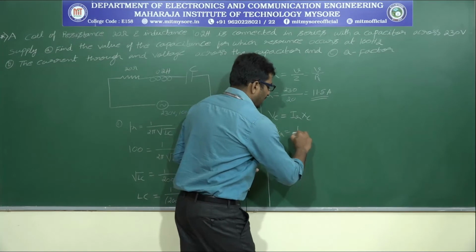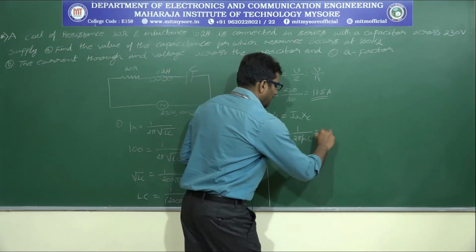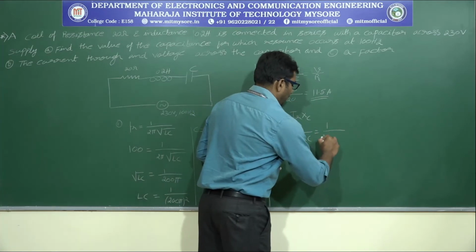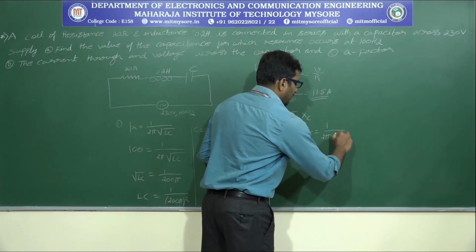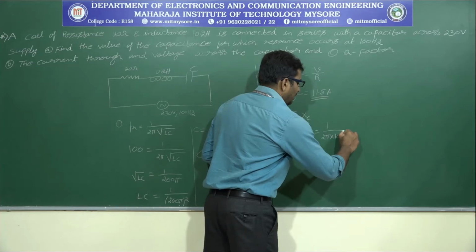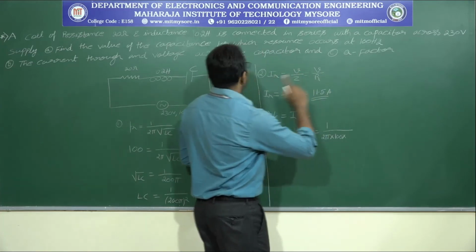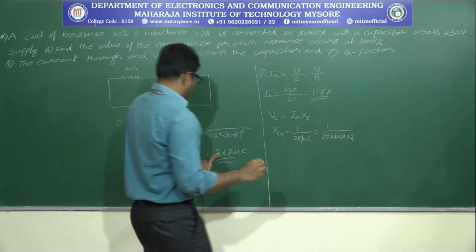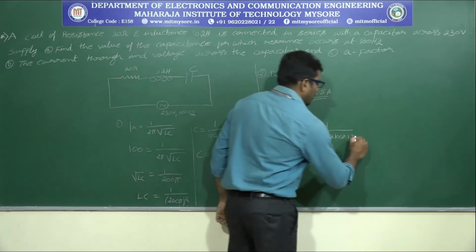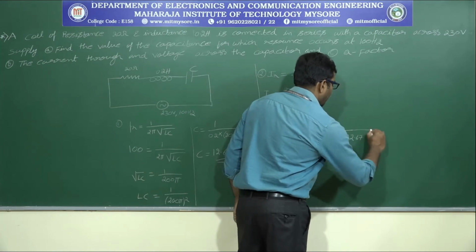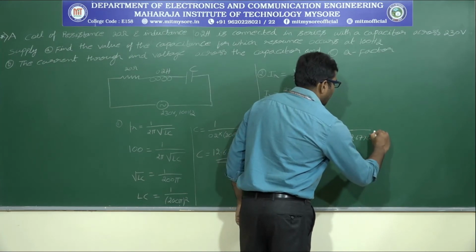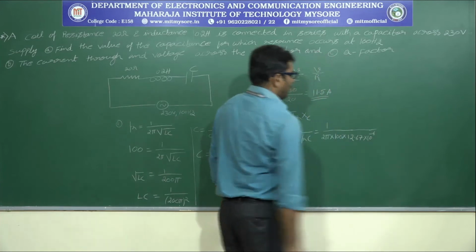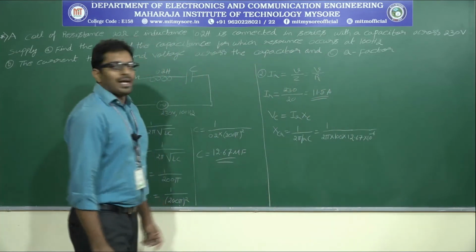What is the formula to find XCR? 1 divided by 2 pi FRC. Therefore, 1 divided by 2 pi into the resonant frequency, 100 Hertz, into the capacitance value, 12.67 microfarad, which means 10 power minus 6 farads.